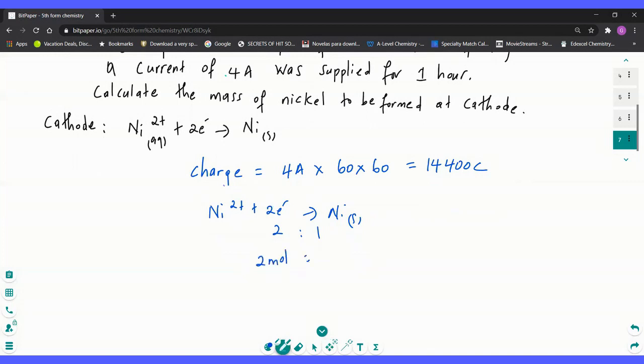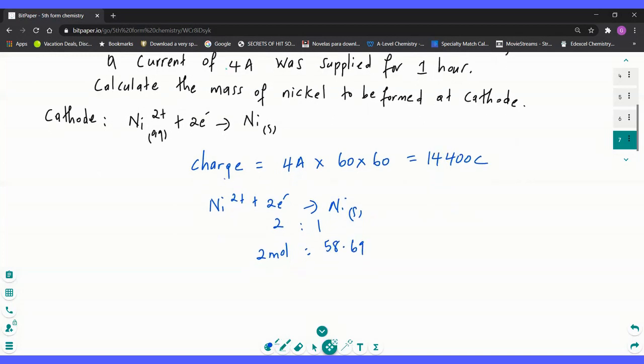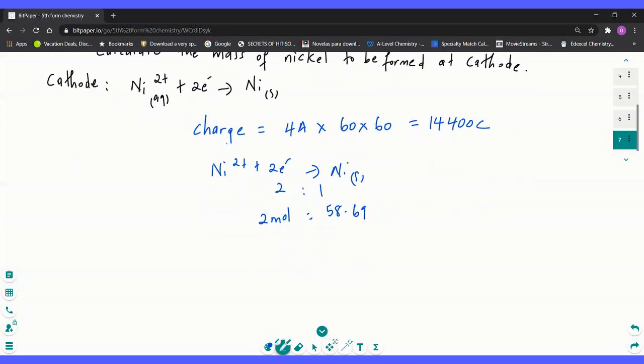And how much does 1 mole of nickel weigh? What's the Ar? 58.69 grams. Okay. So now you would have made a statement that says that you need 2 faradays, because if you need 1 mole of electrons, you need 96,500 coulombs.